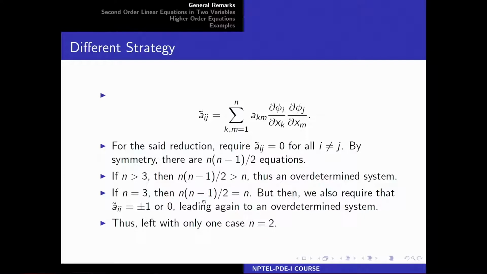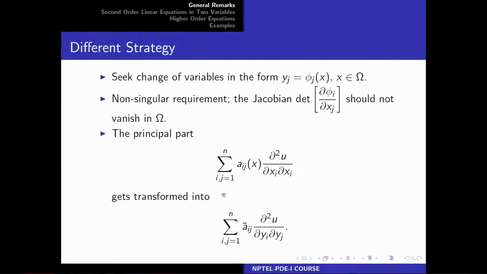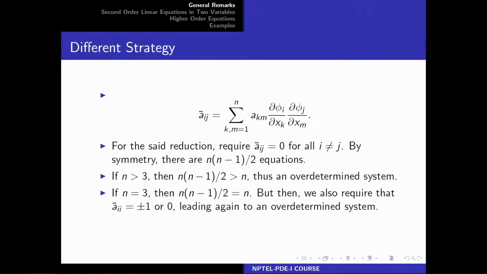So, again let me repeat that, finding such a transformation to reduce the principal part of the given differential equation into a diagonal principal part with diagonal terms plus or minus 1 is not possible if n is bigger than or equal to 3, and we are left with only the case of n equal to 2, and now we proceed to do that.